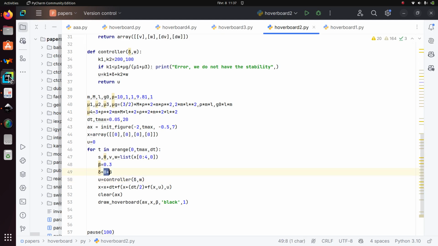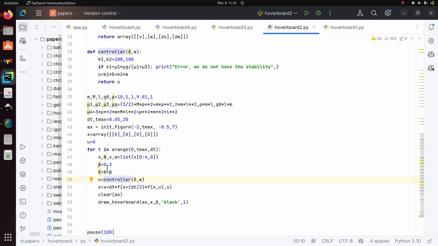As an input, I put theta plus beta, which corresponds to delta, the tilt, and for beta I put 0.3, so it means that the angle between the board and the driver is not equal to 0, so it means that I will probably accelerate.